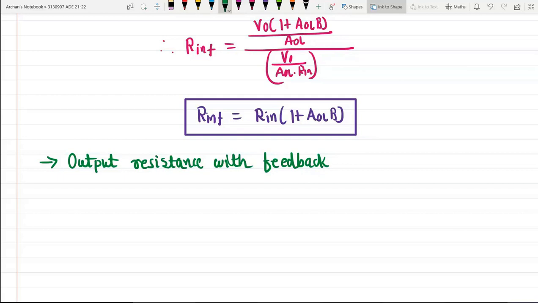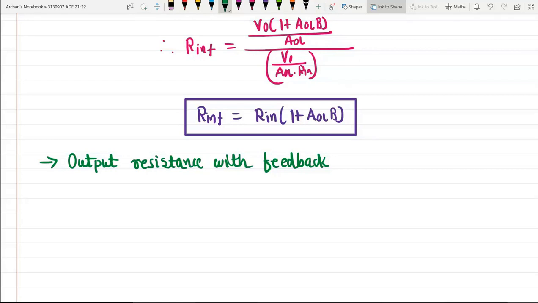If we talk about the IC741, it gives us 75 ohm resistance at the output side. If we provide feedback, this 75 ohms should be reduced, and then we will get some benefit, because ideally the output resistance should be equal to 0. Practically this is not possible, but definitely we can minimize that value.